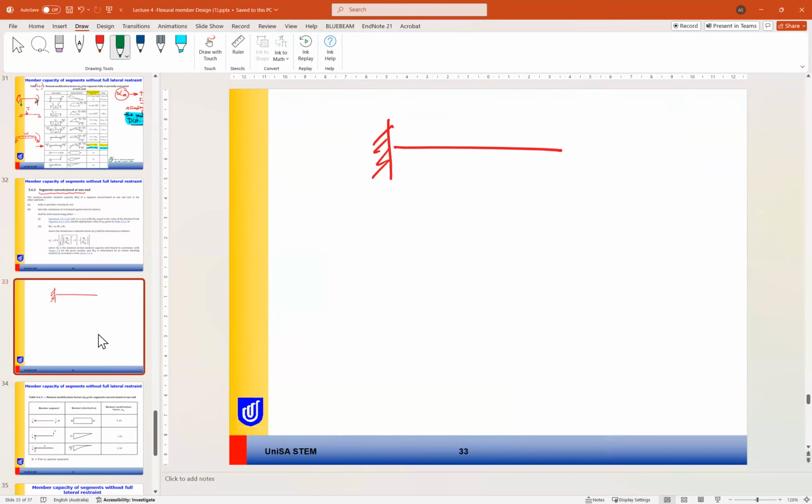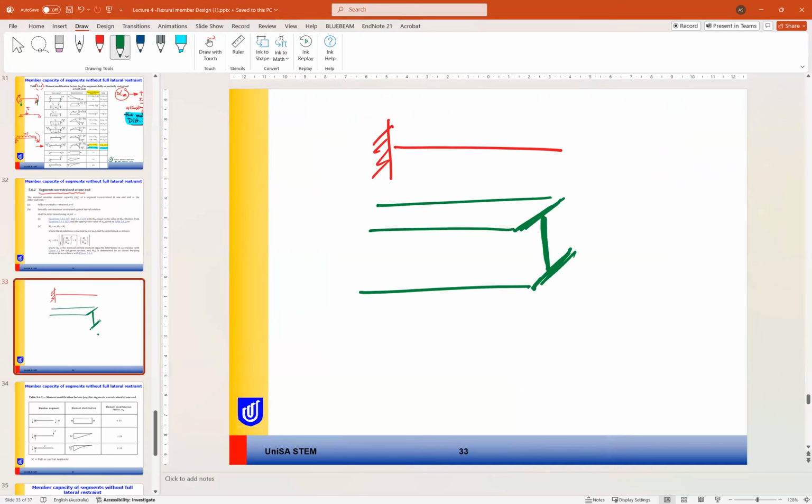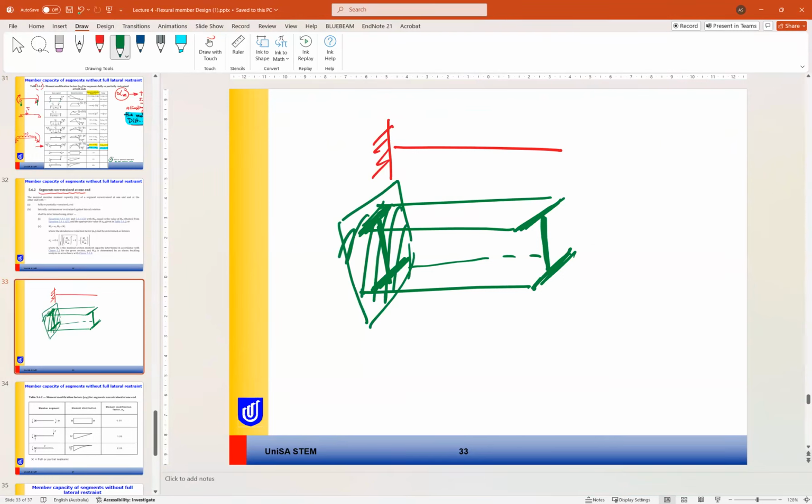Okay, so let's go to our case again. If we have a cantilever, like a universal beam or universal column as an I section, this I beam is fixed at one part. So it is fully restrained at this part, but at the edge it is free.